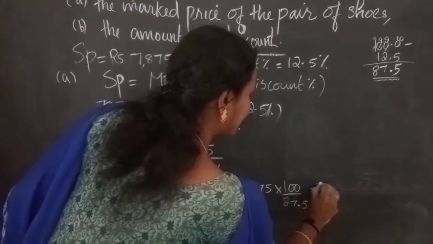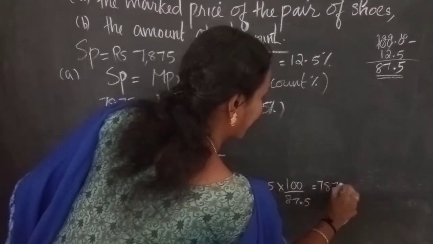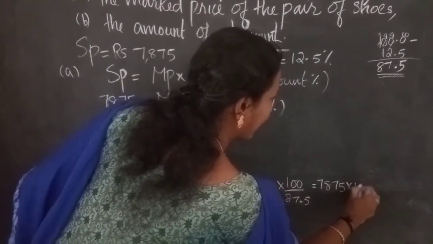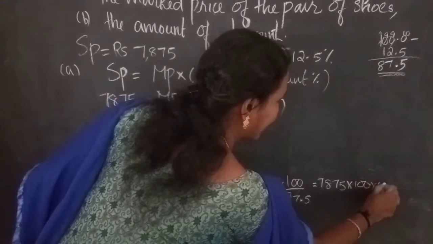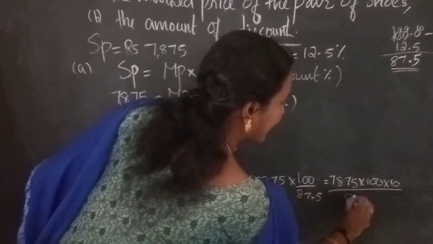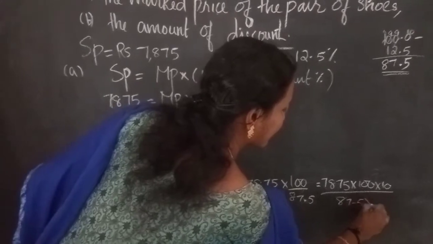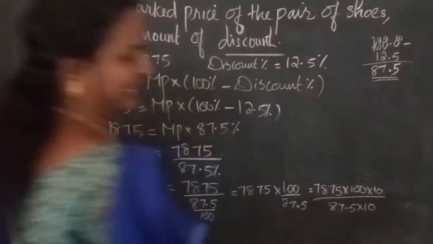So 7875 into 100 into 10 divided by 87.5 into 10.